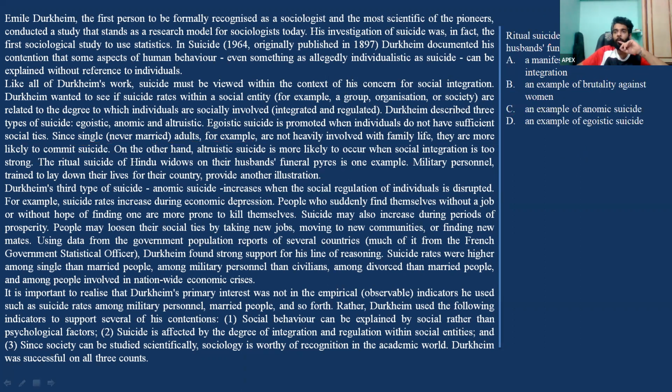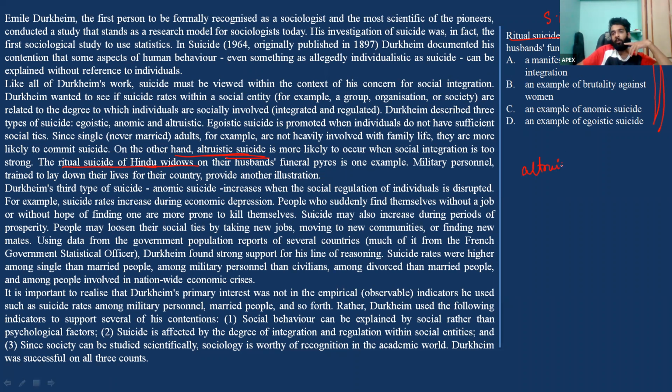Moving forward, ritual suicide of Hindu widows. Again, the moment you see this, we understand it's an SDQ, or specific detailed question. So we go to the types of suicide where we've seen an example of Hindu widows. Where was that? Yeah, the ritual suicide of Hindu widows. And what was this an example of? This was an example of altruistic suicide. So which of these corresponds to altruistic suicide?